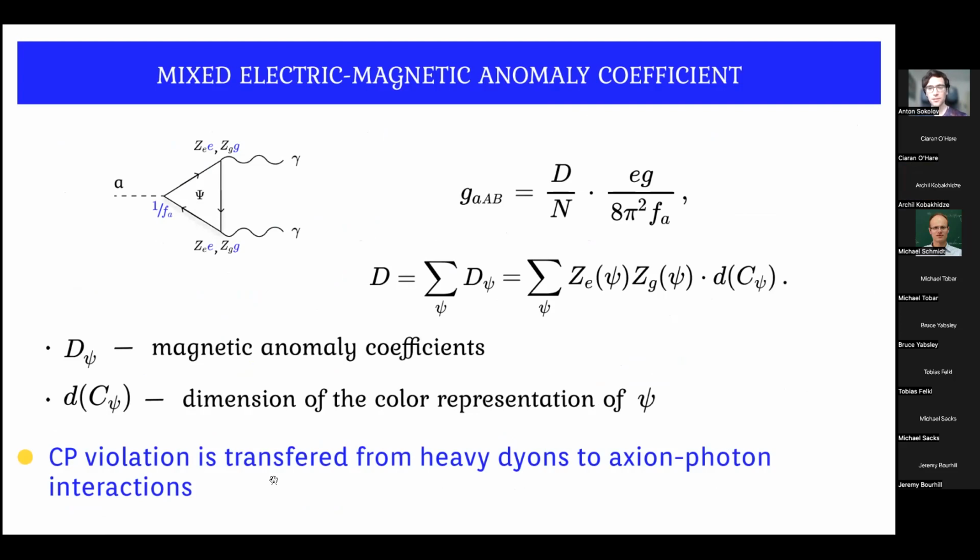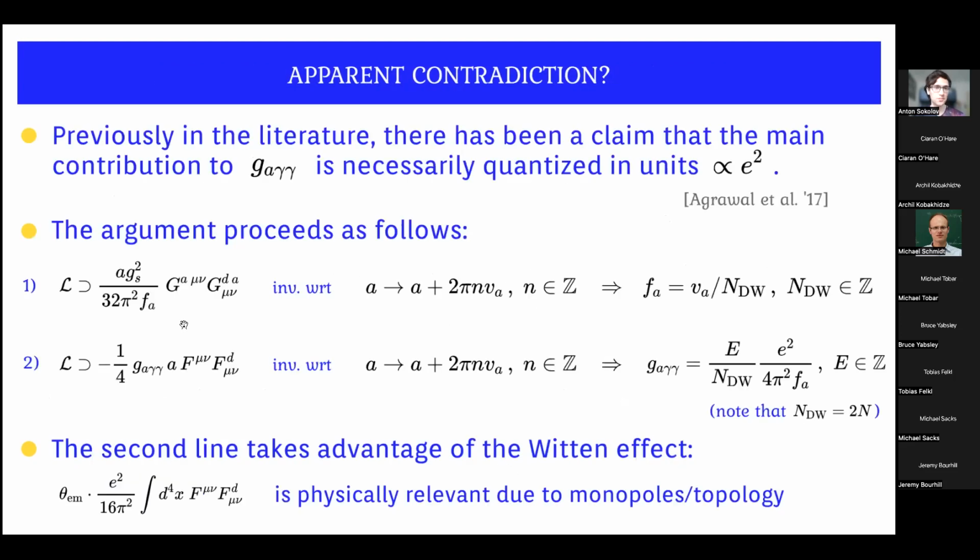So if we detect CP violating axion-photon interactions, say by means of electric dipole moments of electrons, say, or some other CP violating probes, then we can say that there exist heavy dyons. So we can get some information about the spectrum of heavy particles carrying both electric and magnetic charge.